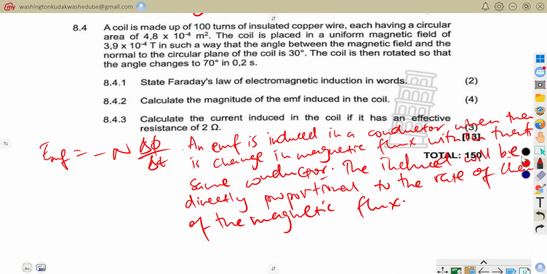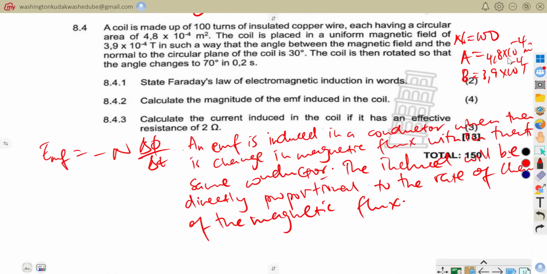So here I have N equal to 100, and the area being equal to 4.8 times 10 to the power negative 4 square meters. And then I've got my magnetic field B being 3.9 times 10 to the power negative 4 Tesla.